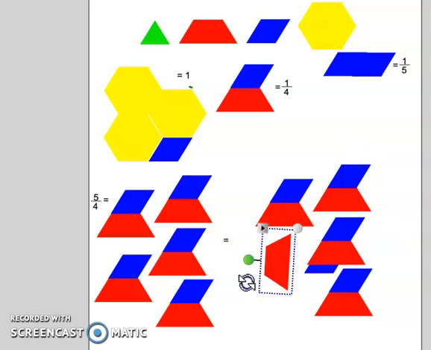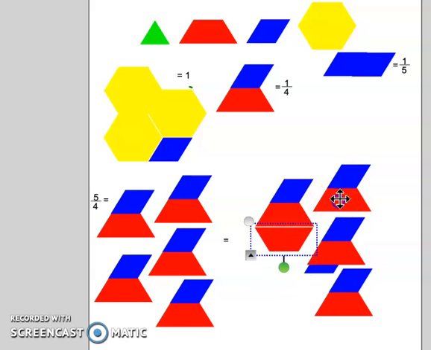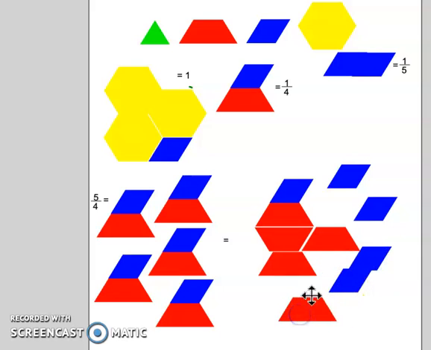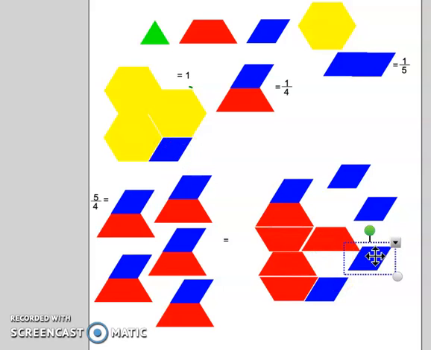So we know, again, two trapezoids are the same as a hexagon, take up the same space. I'm going to make this look like that one there. So here we are, hexagon here, hexagon here, hexagon here, hexagon here, and now we have our extra rhombus there.